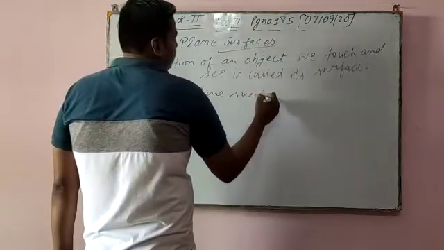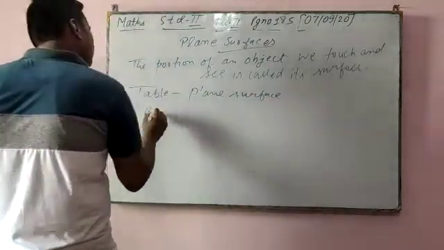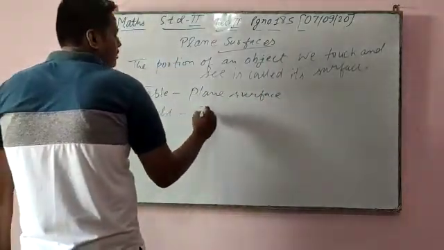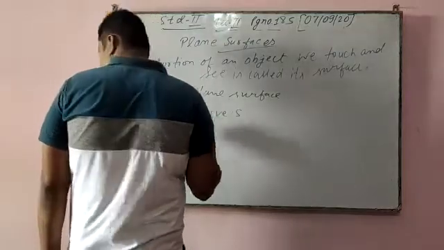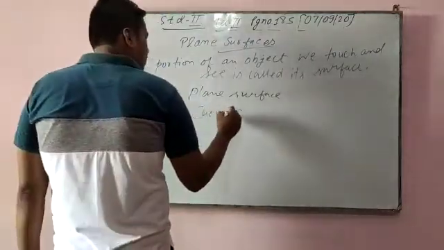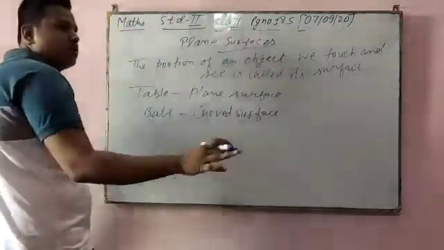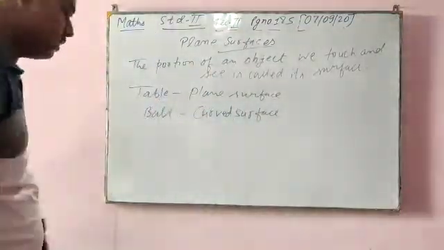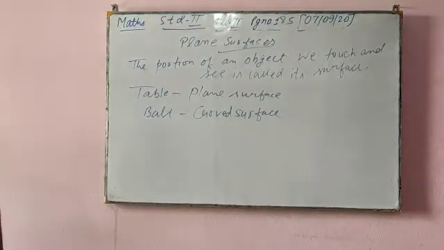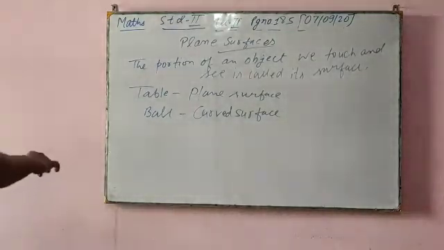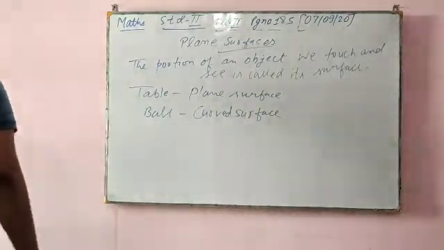But when you take the example of a ball, football or cricket ball, it has a curved surface. Plain means totally plain, and curved surface means the surface is not plain.